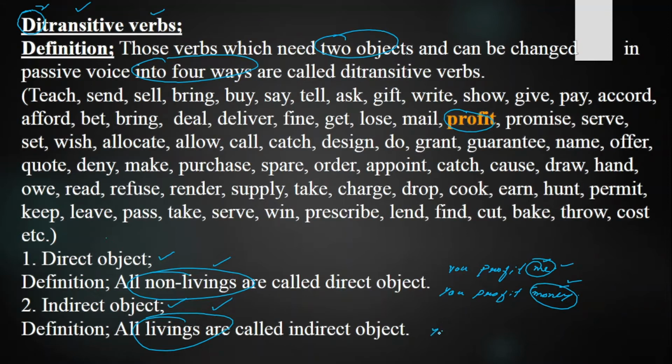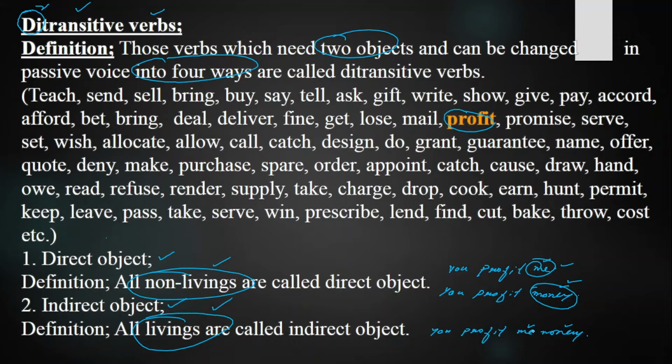Suppose if I say, you profit me money. Now it is giving complete meaning: you profit me, and what do you profit me? Money. You profit money, and whom do you profit? You profit to me.